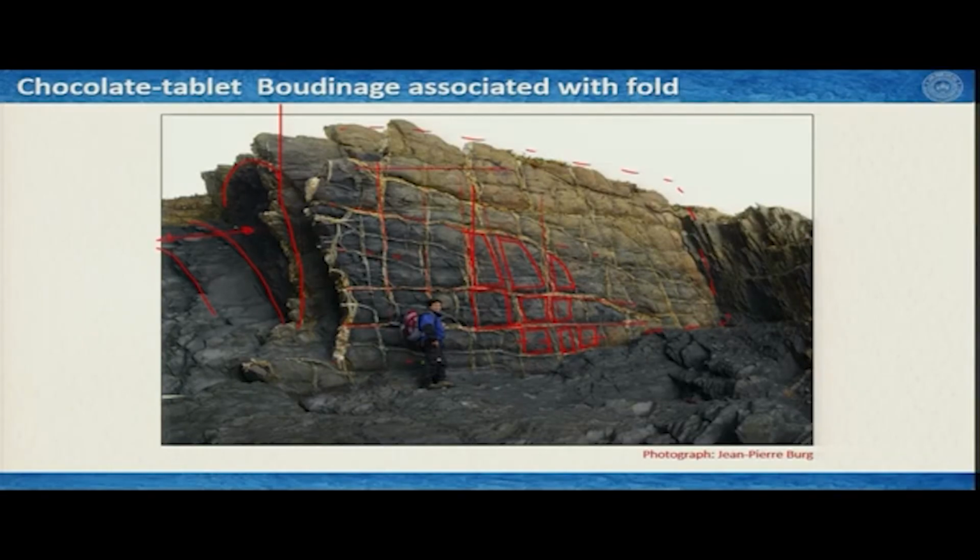This could be your x or y, and this could be your x or y, and of course, the perpendicular direction, the direction the person is looking at here, is the direction of z, along which the fold has formed or along which the bulk compression came to generate the fold.